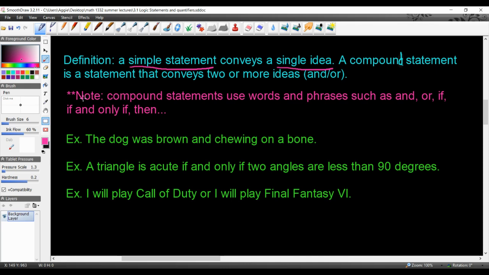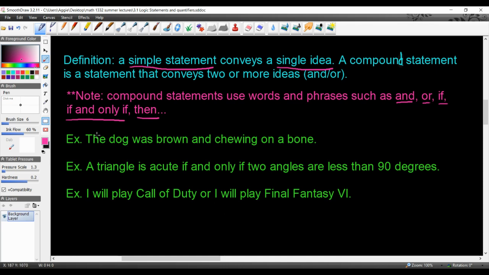Take note that compound statements use words or phrases such as and, or, if and only if, then. Okay, so those words are really important because those are the ones that let us know, oh, this is a compound statement.